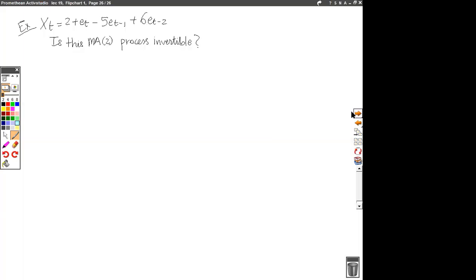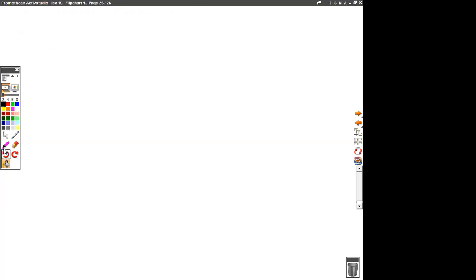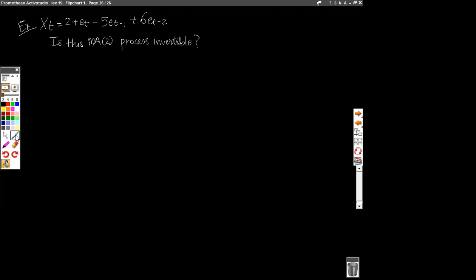Okay, so the next question is this. Just write it down till I write the answer for the previous question. So we have to figure out if this process is invertible or not.